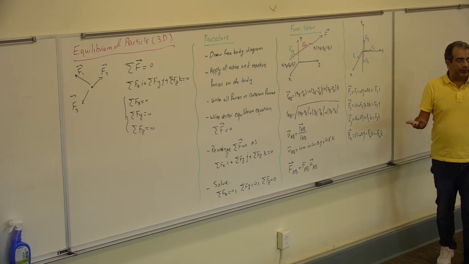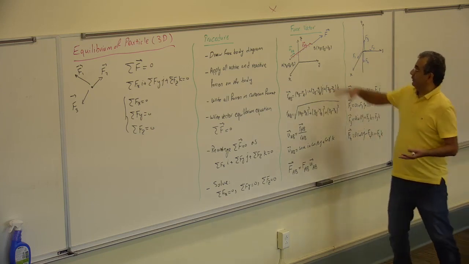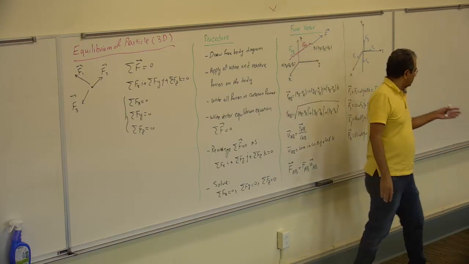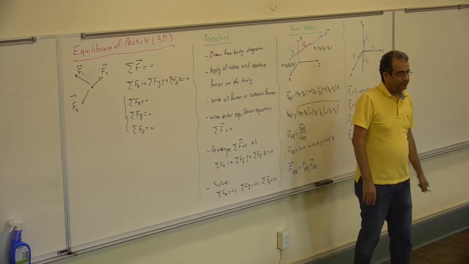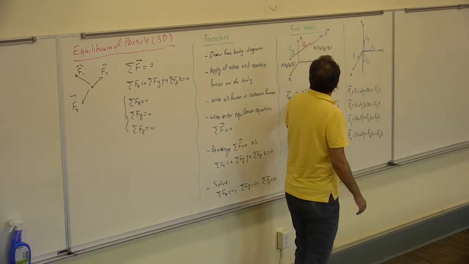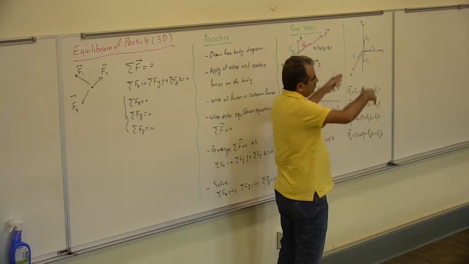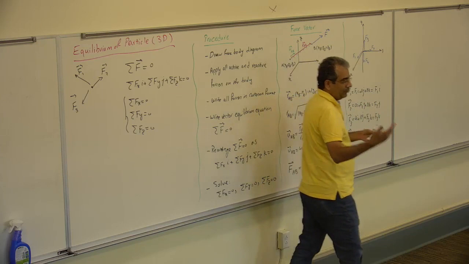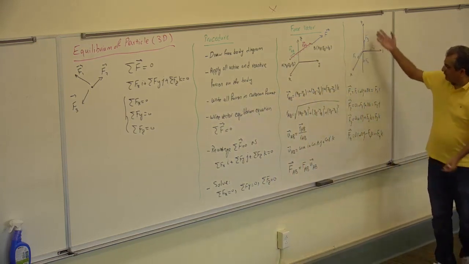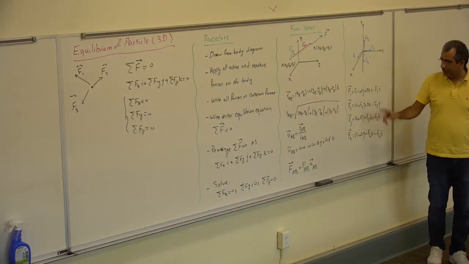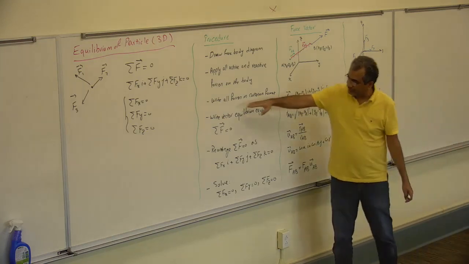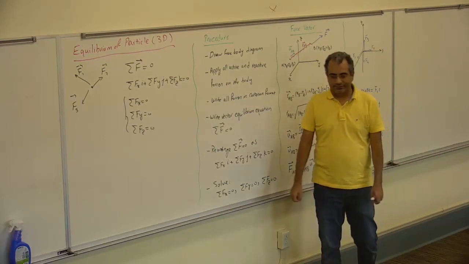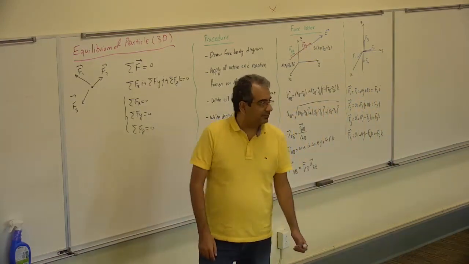So if you are given the weight, you can find it by going through these steps, but it's just easier to find it like that. If you have a force that is completely 3D, this is how you find it in Cartesian. If you have a force that is along the x, y, or z, this is how you will find it. So these two are just this step: write all the forces in Cartesian. Question?